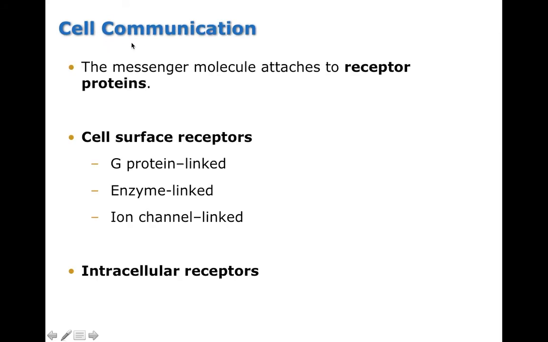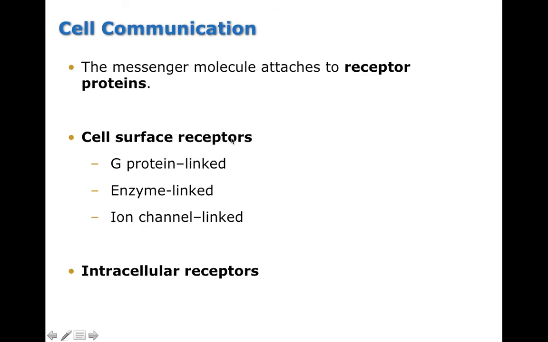Now, with cellular communication, we know that this often requires signaling molecules as well as receptors. And these receptor proteins are often embedded within the membrane of cells, where the binding site is located on the extracellular surface, and then signaling molecules can bind to the receptor site and lead to different types of reactions.